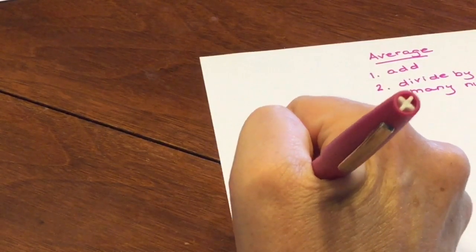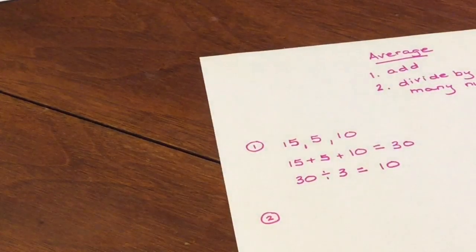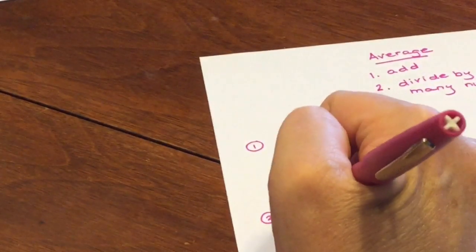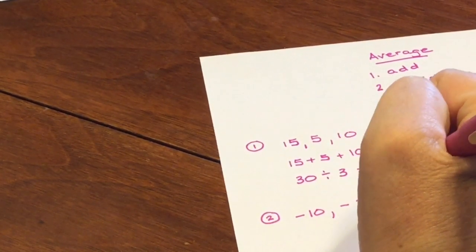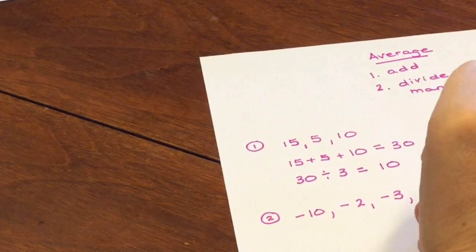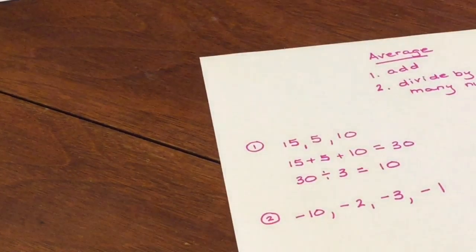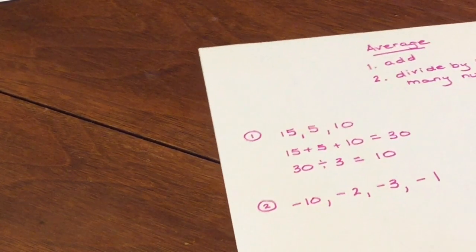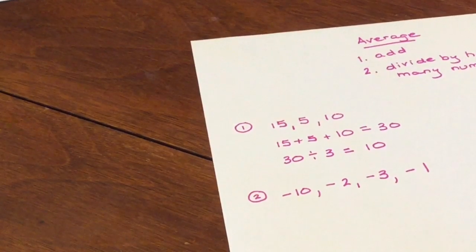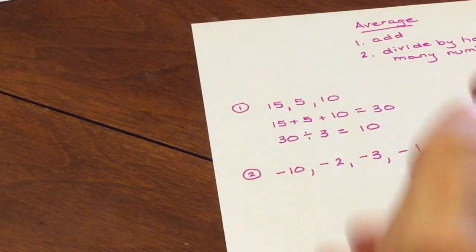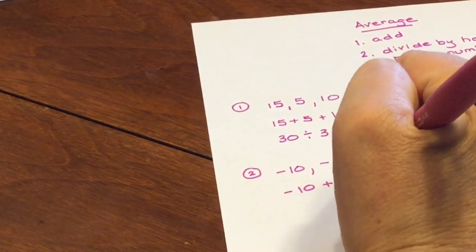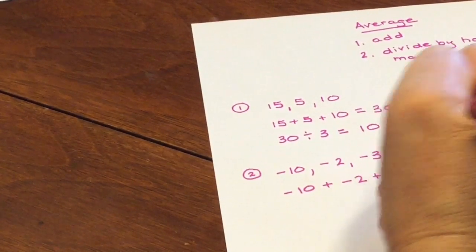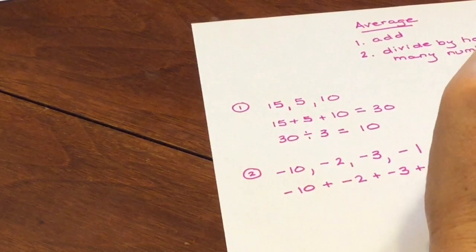Okay, let's go to number 2. Let's put some negative numbers in there. Let's say that we have negative 10, negative 2, negative 3, and negative 1. So we're going to add those numbers up. Now we need to be careful because we're going to have to remember our addition rules. So we're adding negative 10 plus negative 2 plus negative 3 plus negative 1.